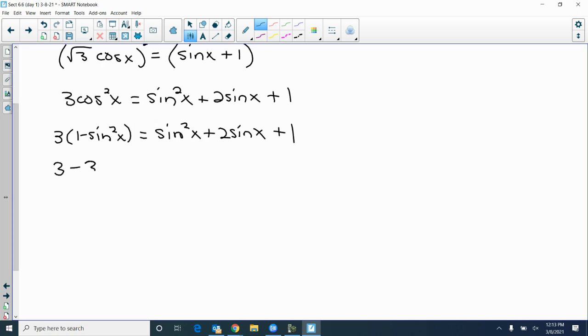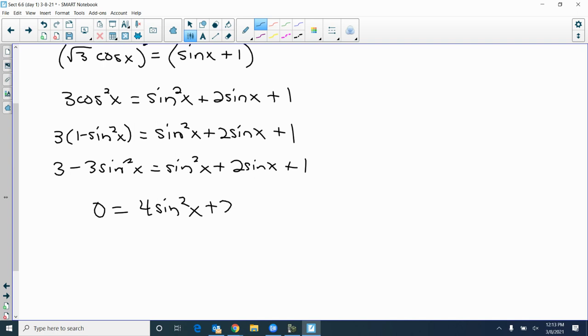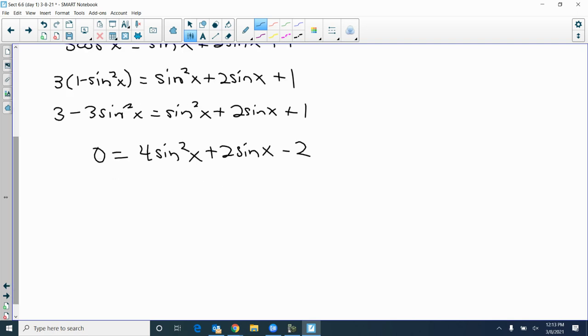So 3 minus 3 sine squared of x equals sine squared of x plus 2 sine of x plus 1. And when I move those over, that will give me 4 sine squared x plus 2 sine of x minus 2. We do have a GCF.